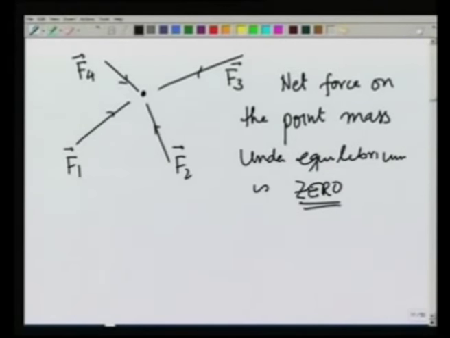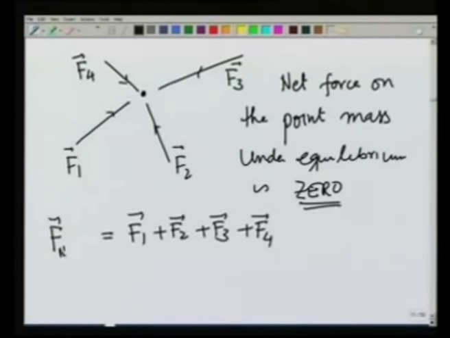And that means, in this particular case, that F1 plus F2 plus F3 plus F4, the vector sum of all these forces gives me the net force, and that must be 0. In general, if there are more than 4 forces, there may be n forces.